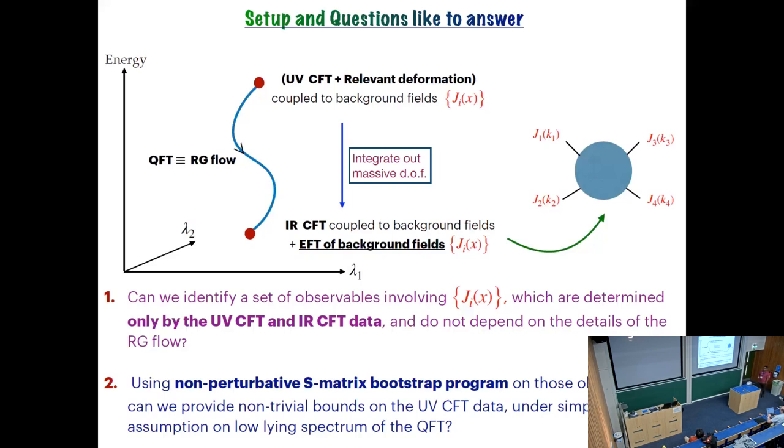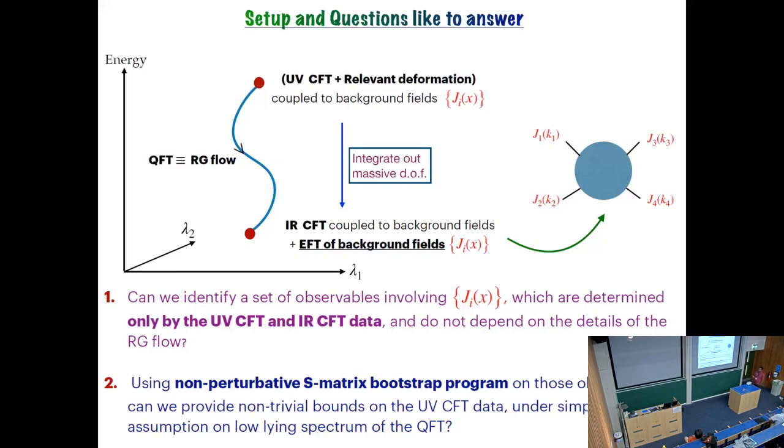Now the question we would like to ask is: starting from this IR action, can we identify some observables associated only with the background fields, and can those observables be completely determined by the UV CFT and IR CFT data, without depending on the details of the RG flow or how we deform the theory? If we can identify such a set of observables, and presumably if they are scattering amplitudes, possibly we can use the non-perturbative S-matrix bootstrap program, which Balt reviewed nicely, and try to put some constraints on the UV CFT data.